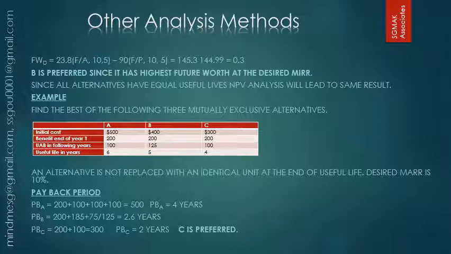Payback period for C is 2 years. So again, as I stated before, payback period ignores the time value, and it simply computes the time taken to recover the initial cost, and it prefers that alternative that has the lowest payback period. So in this case, we prefer C.